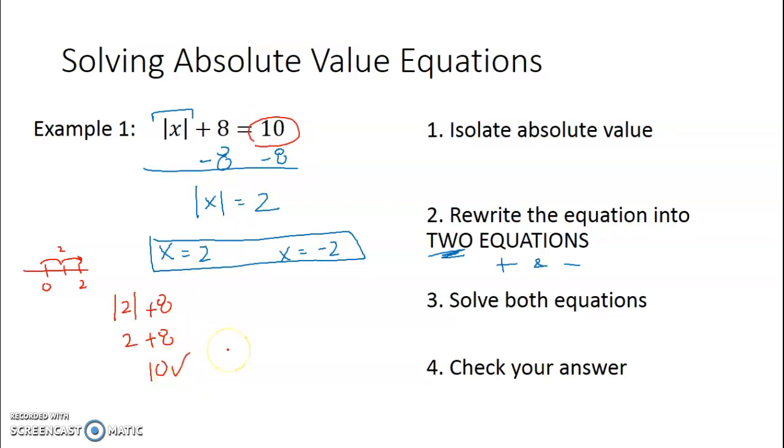So yes, that one works. I'm going to also check this over here with -2. I'm on a number line, and I'm going to -2. That's 1, 2 spaces away. So my absolute value is 2 plus 8 is 10. Make sure you always check your answers.